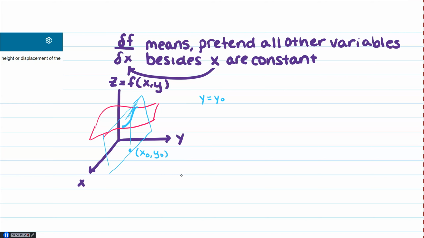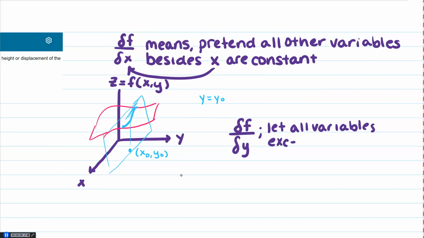So just to clarify, if we wanted the partial derivative of the function with respect to y, then we're going to let all the variables except y be constant, and when we do the derivative, we're going to treat them as constant.